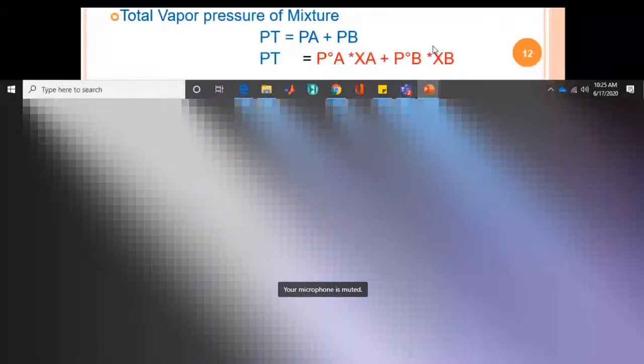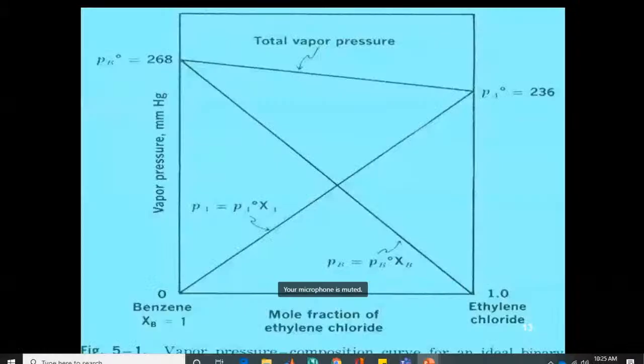Here you can see a detailed example of Raoult's law: how you can calculate the total pressure of the system and individual pressures based on their partial pressures and their mole fractions.